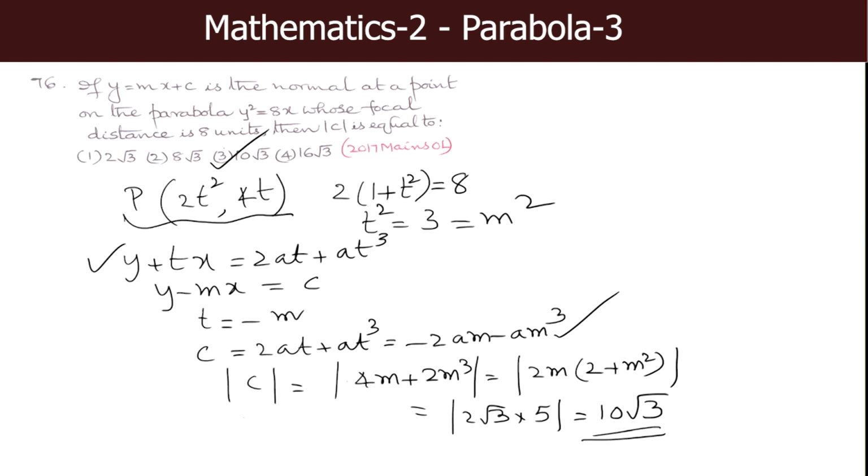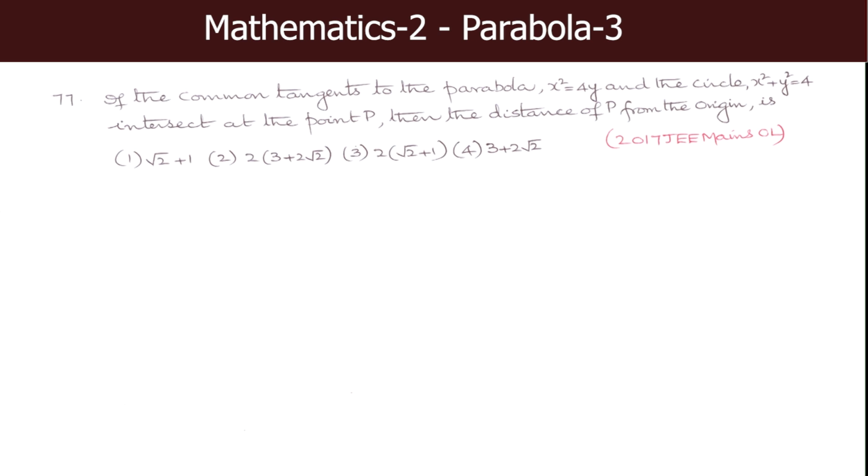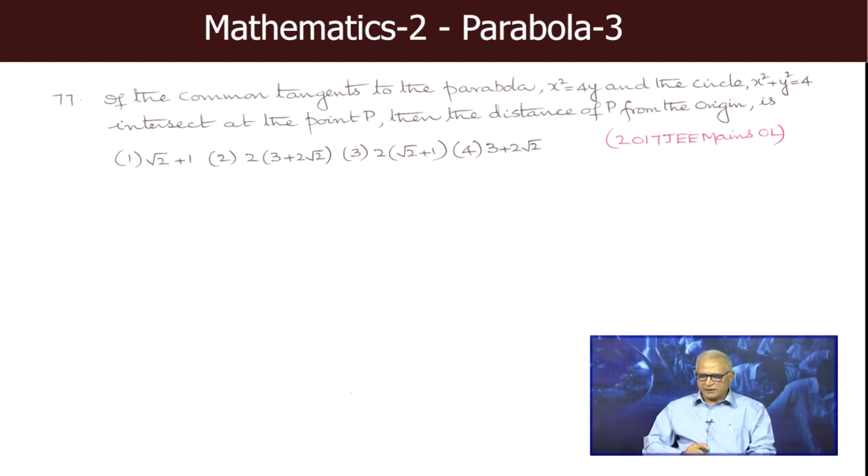Next. If the common tangents to the parabola x square equal to 4y and the circle x square plus y square equal to 4 intersect at the point P, then the distance of P from the origin is, well, here the parabola is x square equal to 4y.